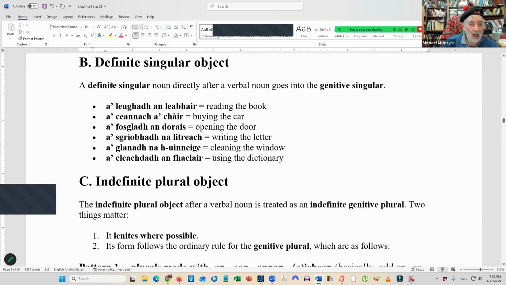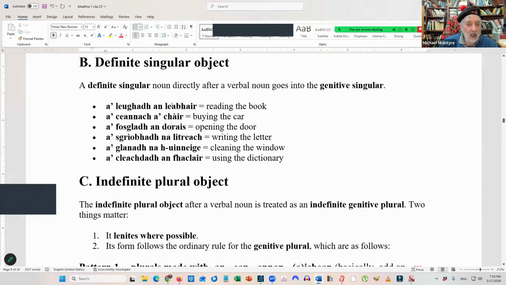Sometimes you want to use the definite article for the singular, and now you use the genitive singular. We've studied the genitive, and we know how to find it. If you're not sure, you look it up in the dictionary. Here we use the genitive.